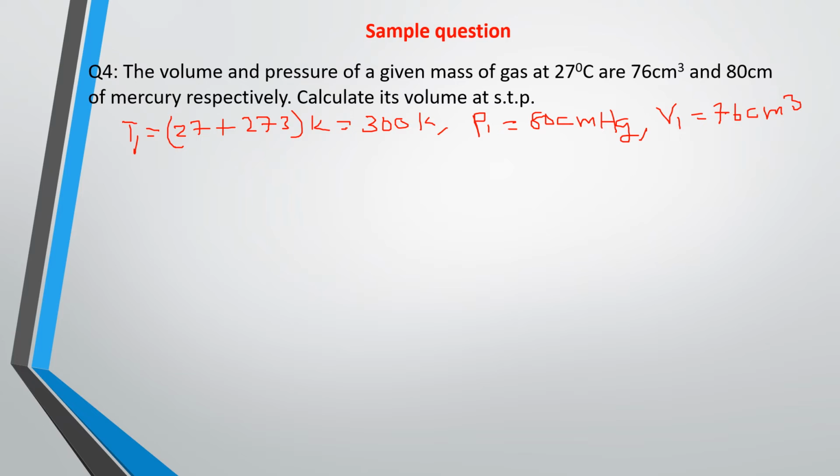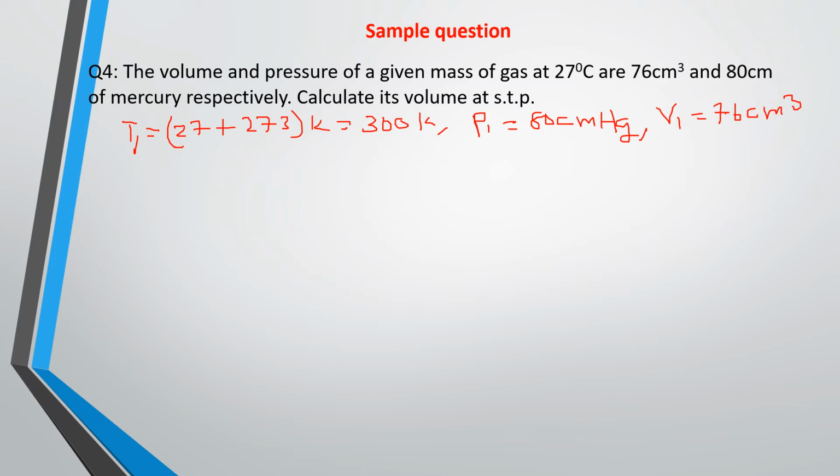Okay, then at s.t.p, standard temperature and pressure is equal to 76 centimeter mercury, and standard temperature is 273 Kelvin. So yeah, the volume is what we are looking for.